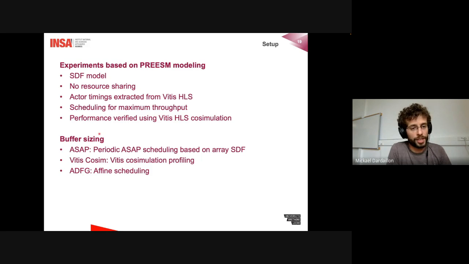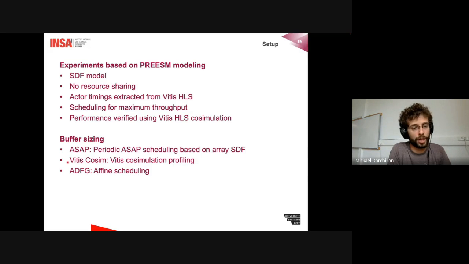And in terms of buffer sizing, we compare 3 different approaches. First is ASAP, as soon as possible: we get a periodic as-soon-as-possible scheduling based on SDF using the array approach, as I've shown in the beginning. So the acquire-release approach, where we produce all tokens at once and then consume all tokens at once, creates a much larger FIFO, but this guarantees that we reach the highest performance.